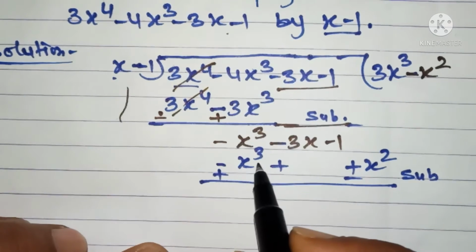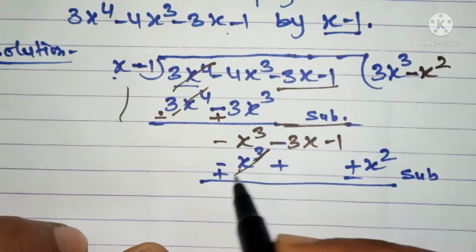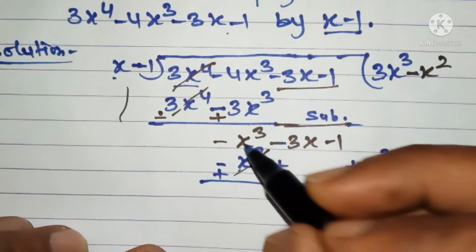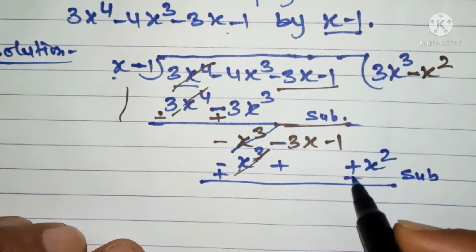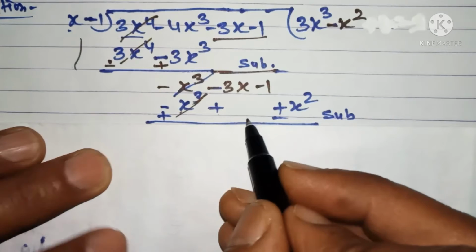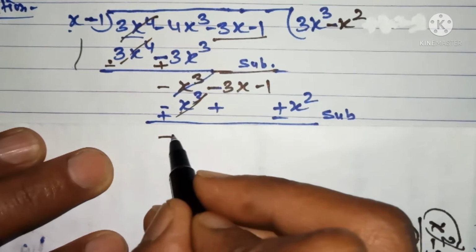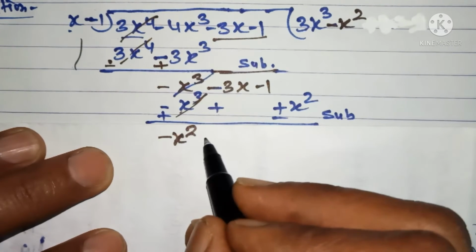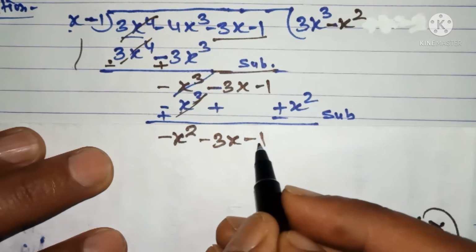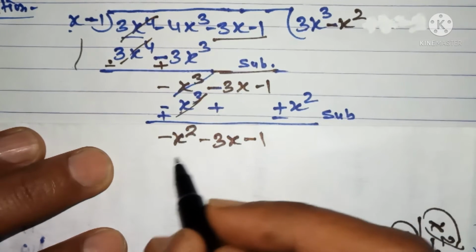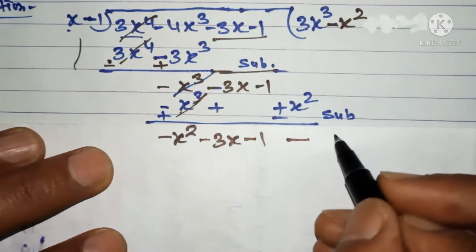Now plus x to the power 3 and minus x to the power 3 will be cancelled and it will give us the resultant 0, and here we have minus x square. We can write it as the first term because this variable has the maximum power. Minus 3x and minus 1 will remain the same. Now this will be our new dividend.